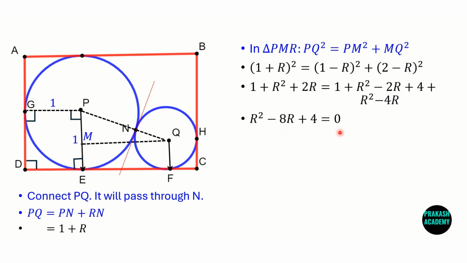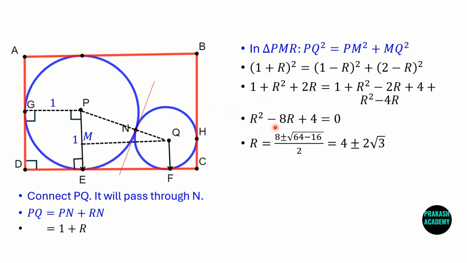This is a quadratic equation. This is quadratic in R. So we will have two possible values for R. So I can solve this. If you have a quadratic equation ax square plus bx plus c equals 0, the root of this equation is given by minus b plus minus square root of b square minus 4ac, divided by 2a.